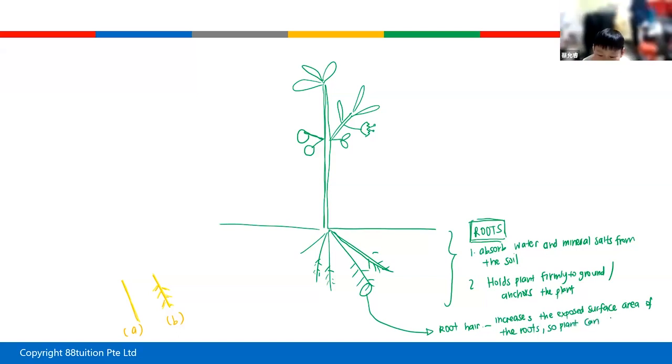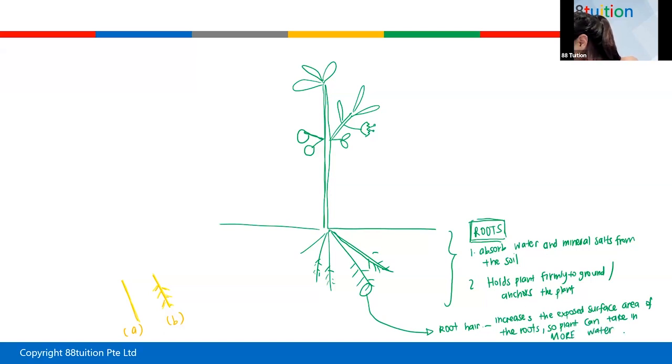Water and mineral salts. Good. So please remember that. I'm not asking you to copy anything because all this is found in the PSLE sketchbook. So later when you download the notes or open your book, you will see all this.